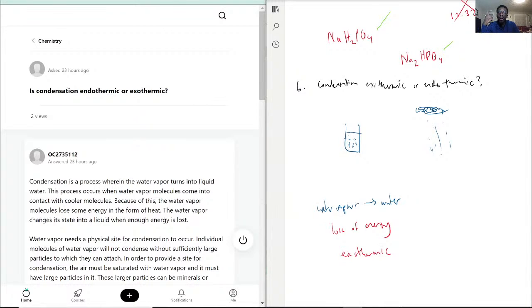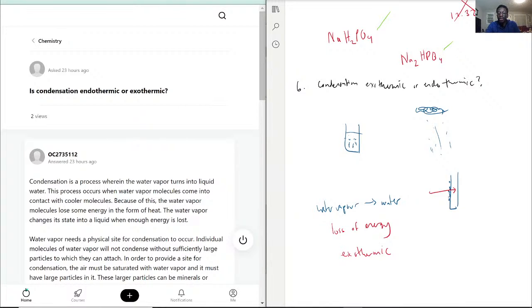What's happening there, to put it simply, is that if you had a plate and you start seeing water molecules form on it, it's because the plate itself is absorbing energy from its surroundings.